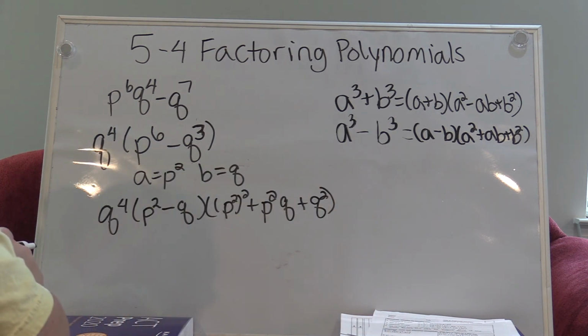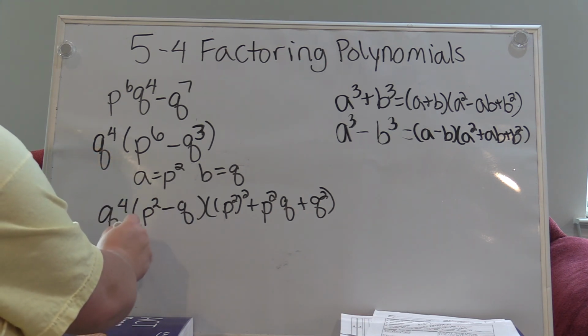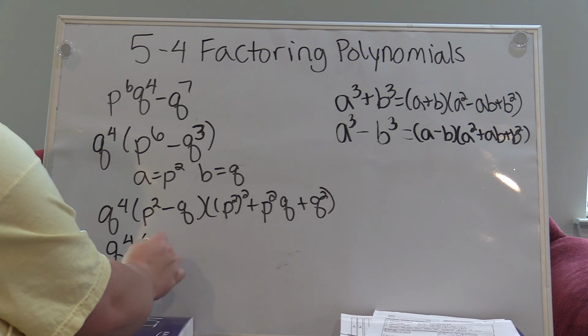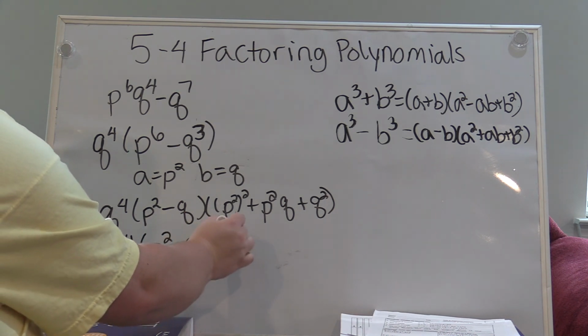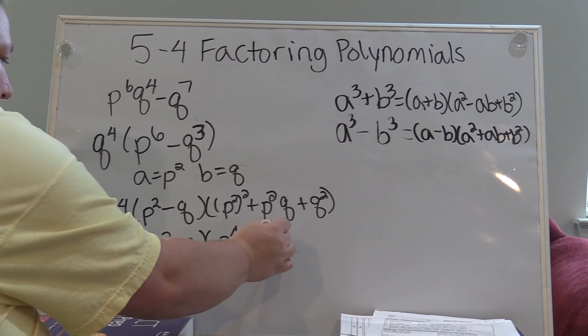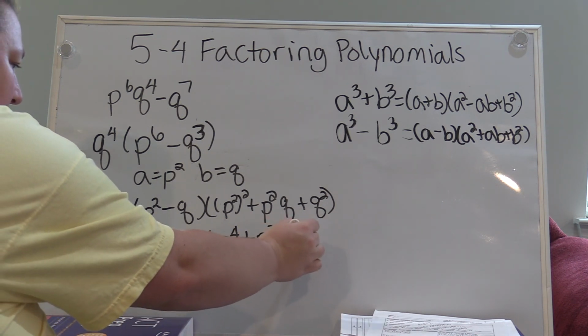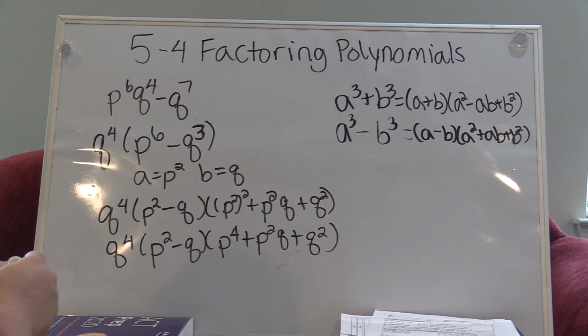Then when I combine like terms, I have p squared minus q times p to the 4th plus p squared q plus q squared. And that's how we factor that. More questions?